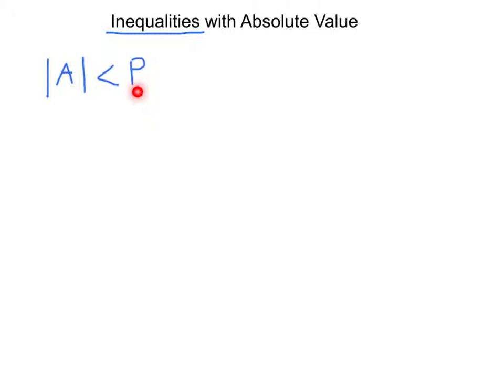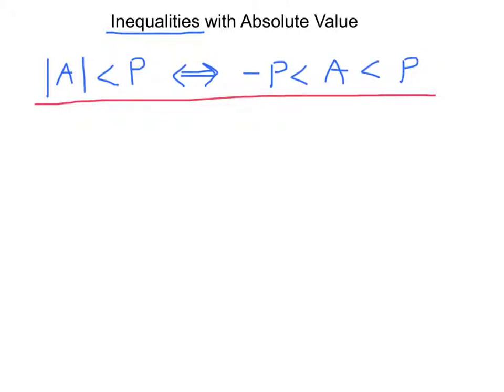Whenever we have this situation, this is equivalent to breaking it down into a three-part inequality of the form -p is less than the expression a, which in turn is less than the positive number p. This is the really crucial thing to remember: whenever you have an inequality in that form, you want to convert it to a three-part inequality of this type of form.